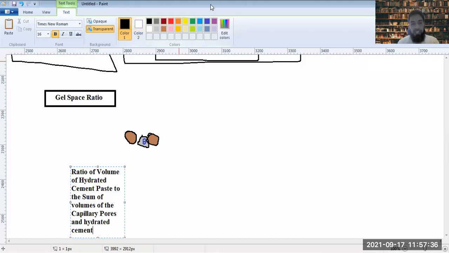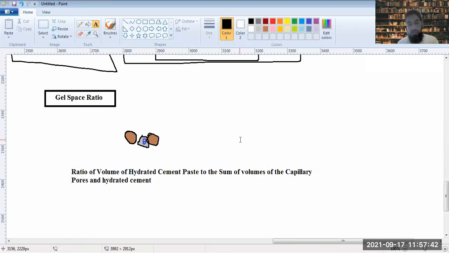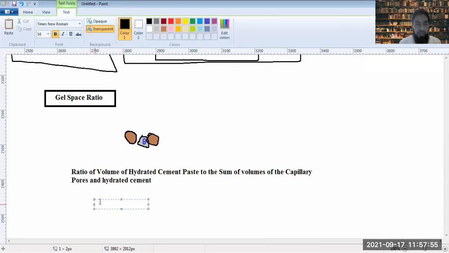So you can take this ratio in terms of this as well. It's the ratio of the hydrated cement paste to the sum of the volumes of the capillary pores plus the hydrated cement again. So it's actually giving you the volume of the hydrated cement paste. So gel space ratio we can take in terms of this, or you can simply say it's the amount of gel volume.